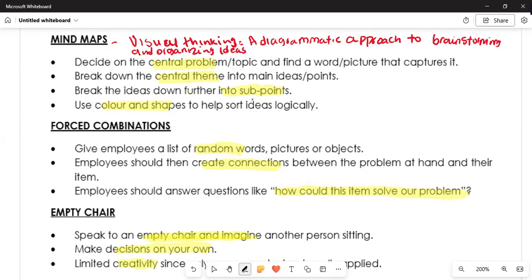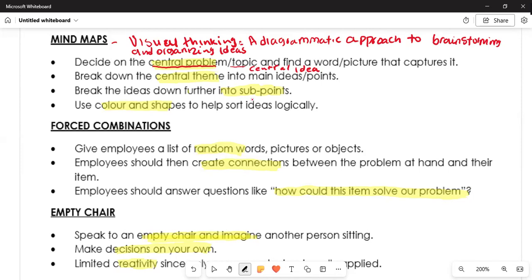So here we decide on the central problem. That is when we are talking about the central idea or topic, and find a word or picture that captures it.